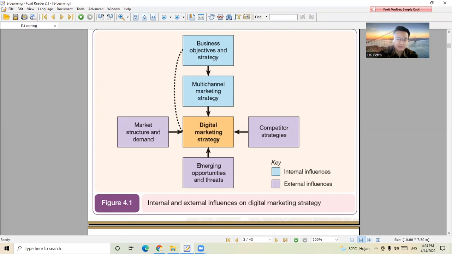So for example, the opportunities, threats, strengths and weaknesses, we can use that tool, the SWOT analysis, so that we can be aware of where we are right now and how to address our weaknesses, opportunities, threats, and also make advantage of our strengths.